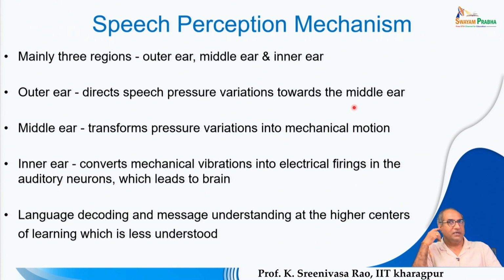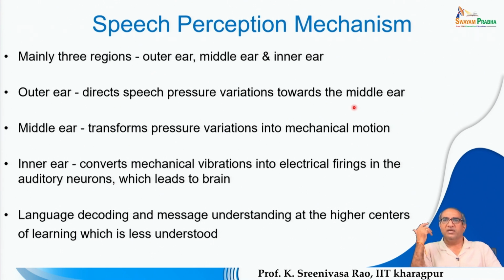And the outer ear has a very complex structure. The shape and details of the outer ear are very important. One thing is that it captures the acoustic pressure variations and directs them towards the middle ear.